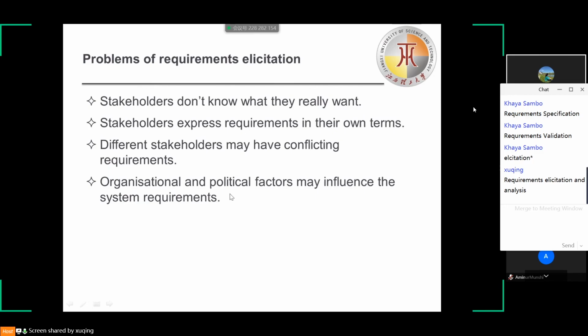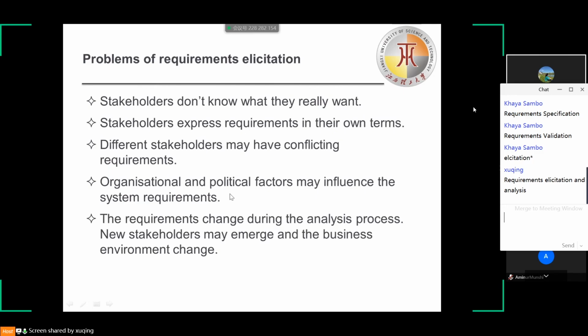A next reason for the difficulty is that the requirements change during the analysis process. New stakeholders may emerge and the business environment changes. Here, the economic and business environment in which the analysis takes place is dynamic.